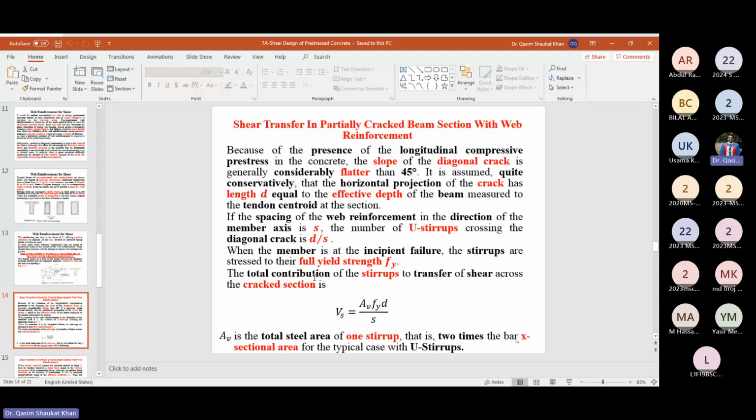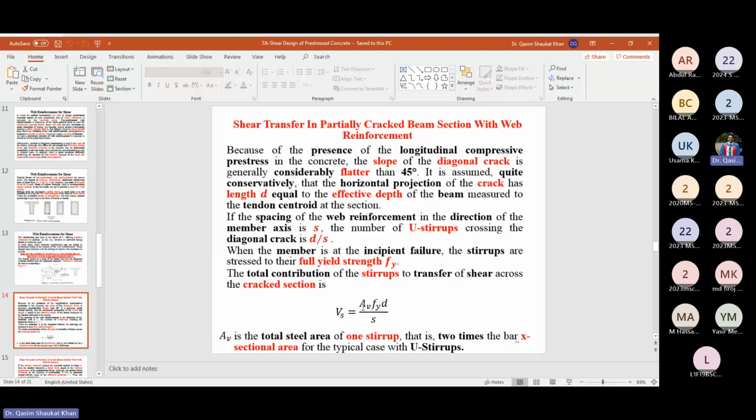So I repeat, the total contribution of the stirrups to transfer of shear stress across the cracked section is Vs, the contribution of the steel to resist the shear. Av is the area of one stirrup. fy is its stress, which is taken as yield stress.